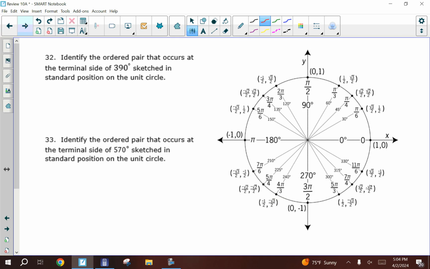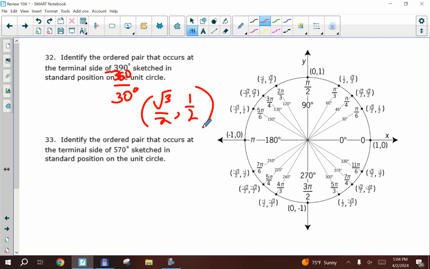Okay, so now identify the ordered pair that occurs at the terminal side of 360. Remember that, or not 360, 390. Remember, anything higher than 360, we have to subtract 360 and find the coterminal. So they're asking us for the pair at 30 degrees. The pair at 30 degrees is going to be radical 3 over 2, comma, 1/2.